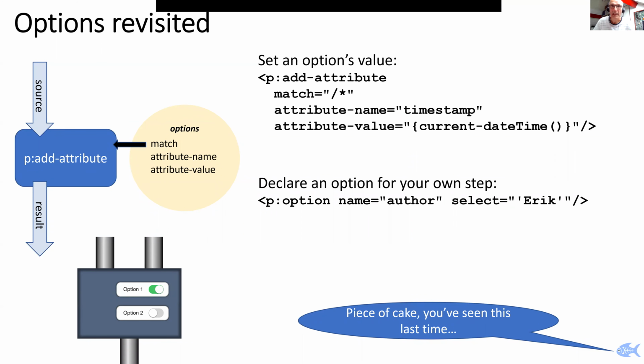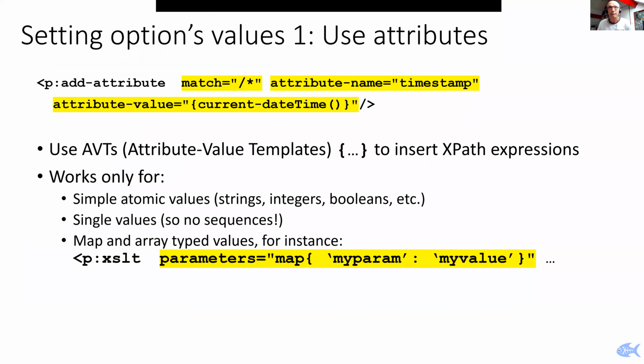Let's go over the mechanisms by which you can provide values for options. And of course, you've seen some of them. The first way to set option values is what we've already seen. You can use attributes, and within these attributes, you can use attribute value templates. These are things between curly braces to insert XPath expressions, and you probably know that from XSLT.